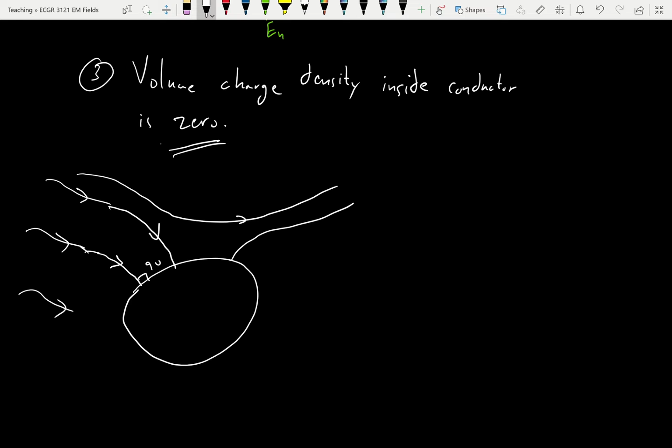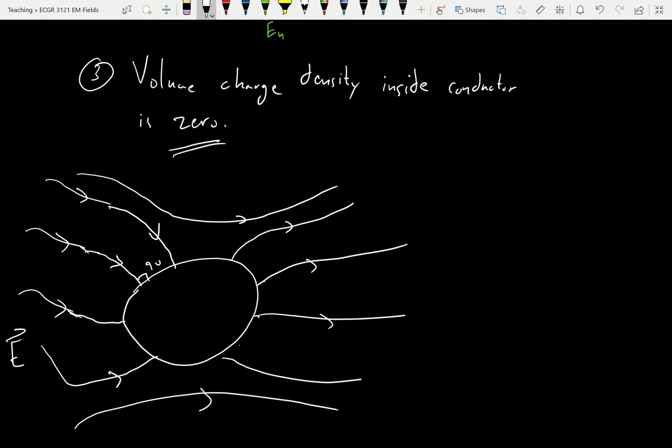If you drew field lines for a hypothetical scenario with an external field E, you'll find the field lines are always normal to the conductor, always at an angle of 90 degrees. It's as if the conductor bunches the fields towards it at an angle of 90 degrees.